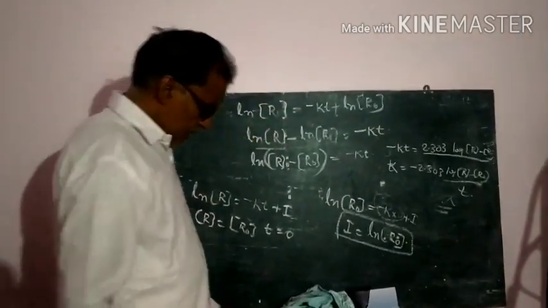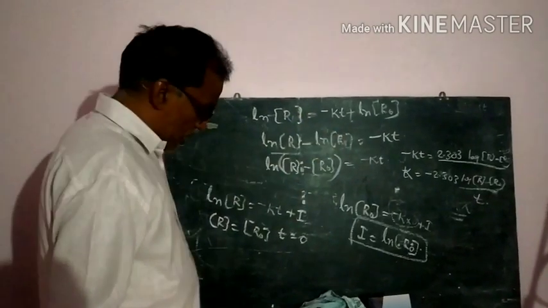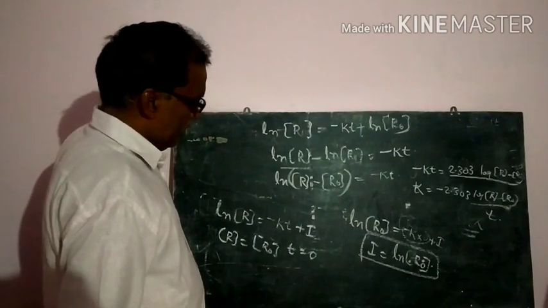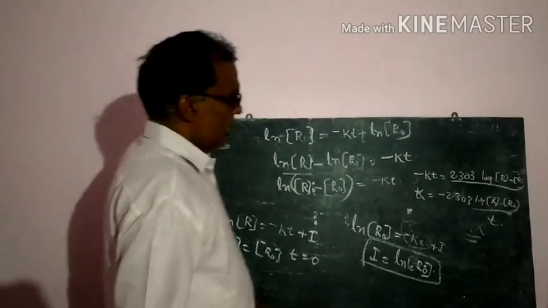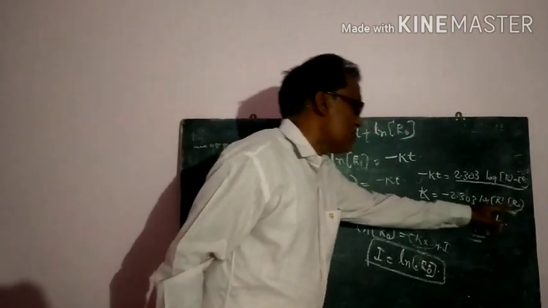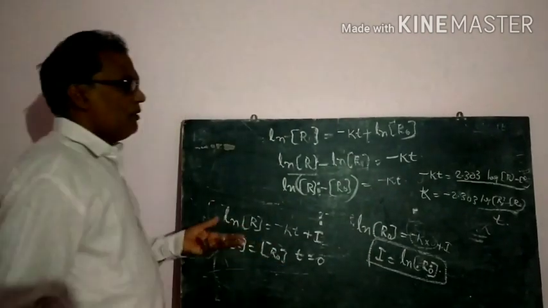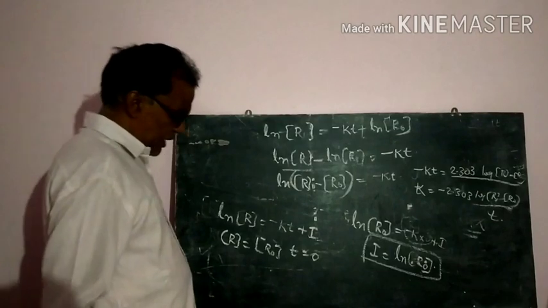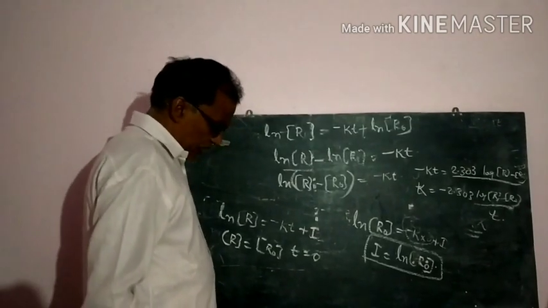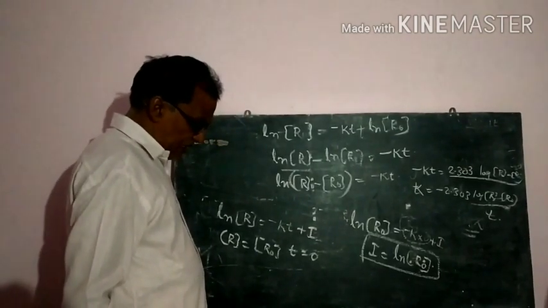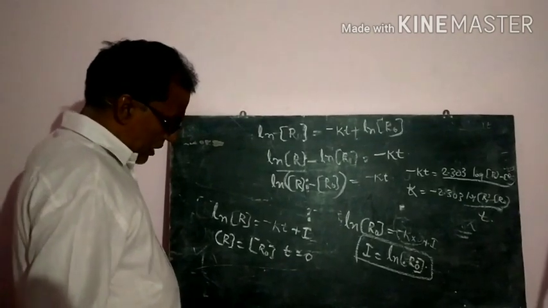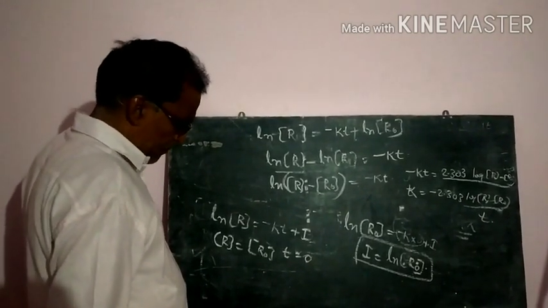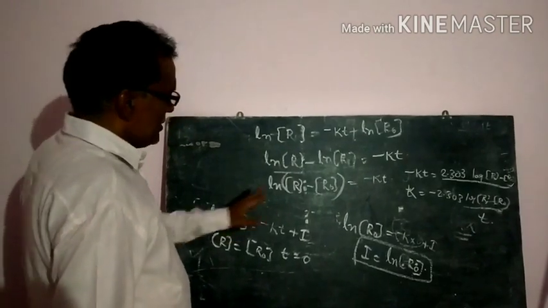You can write down in terms of the log values, log R0 by R is equal to kt also. Since the logarithmic values are minus, you can write down the inverse values. So therefore, in the end we can say that 2.303 log R0 by R is also equal to kt. So this is the second equation.